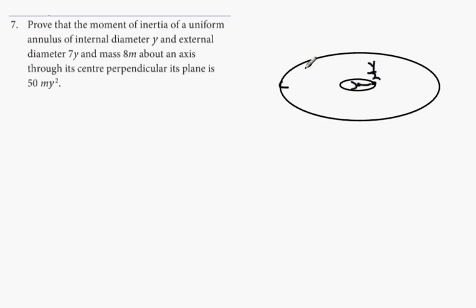The external radius, 7y over 2, about an axis through its centre perpendicular to the plane.